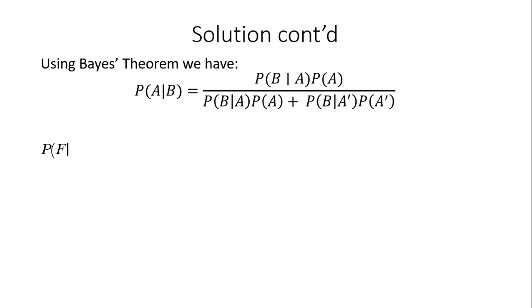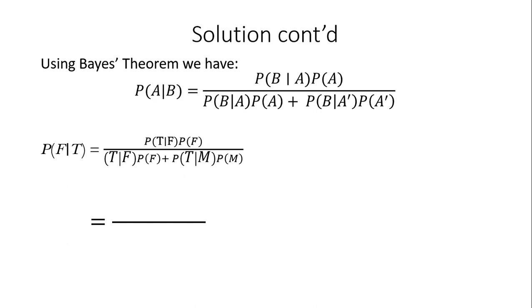So using Bayes' theorem, connecting A and B with F and T, probability of F given T is probability of T given F times probability of F, over the probability of T. And probability of T is probability of T given F times probability of F, plus probability of T given M times probability of M. We can begin to put in values.